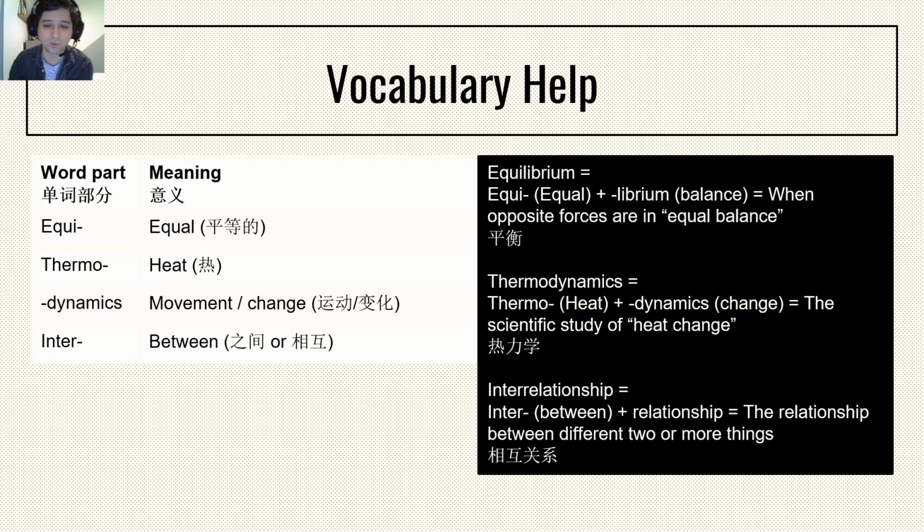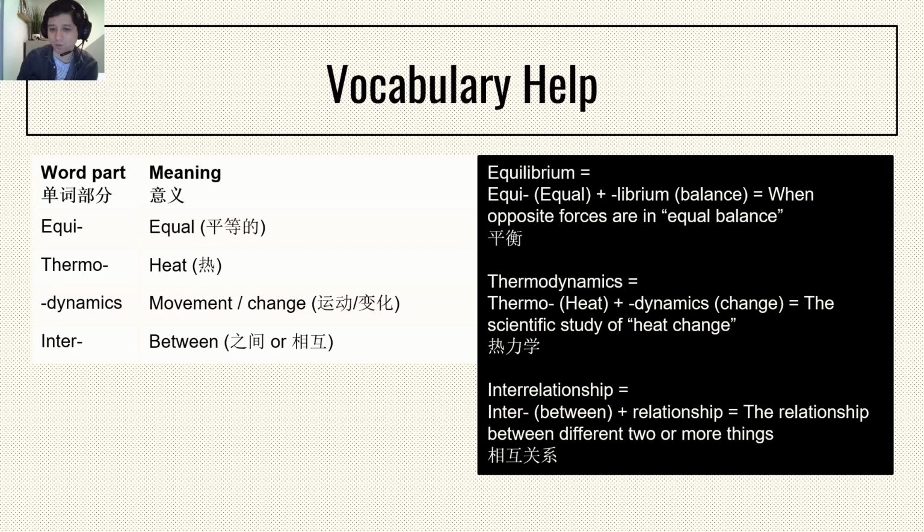So the first word part is equi, which means equal. This word part looks like the meaning. So equi looks like equal, right? And that's why I put it on here. So if you ever see this word equilibrium, which you're going to encounter in this section, then you should think equal, right?